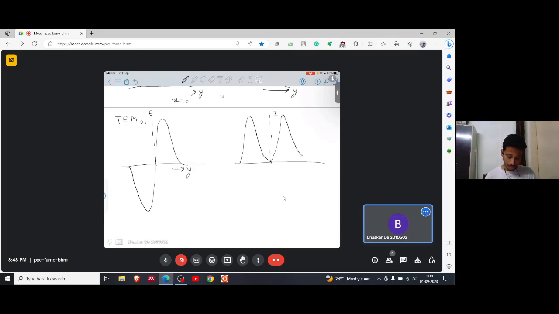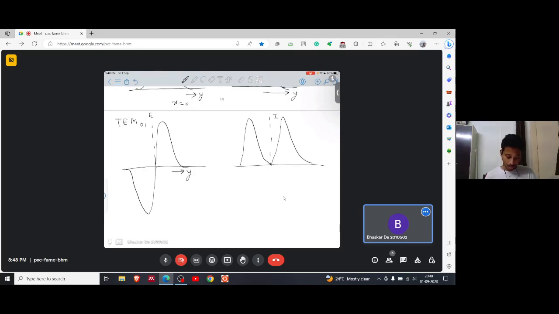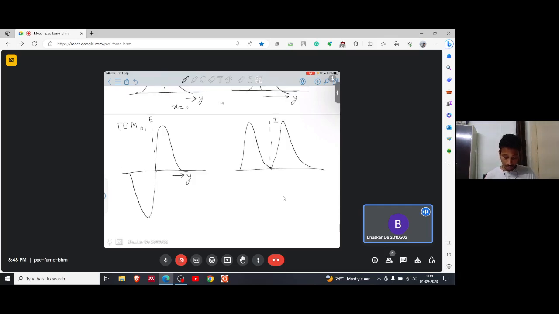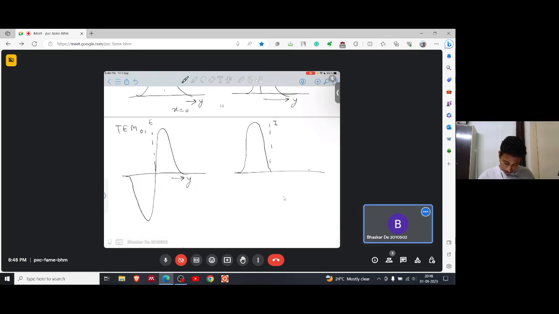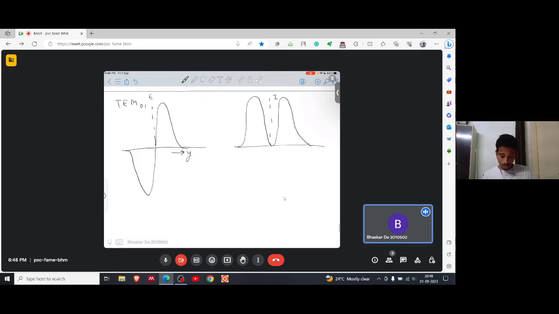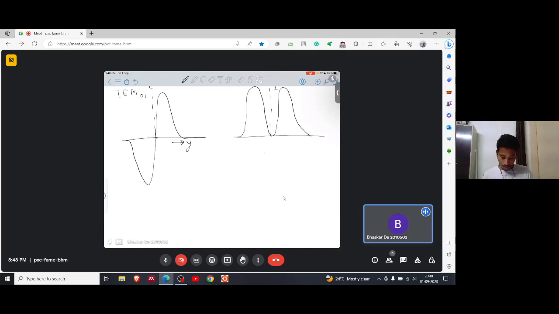So there will be two peaks, and the two peaks are not exactly Gaussian, though I have drawn them as Gaussian, but it will be something like this, which is not Gaussian. So you will see this kind of two beams in the plane.